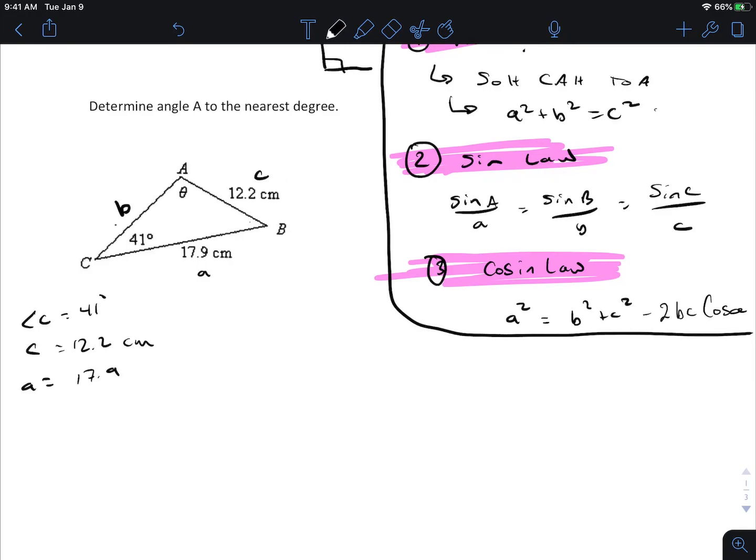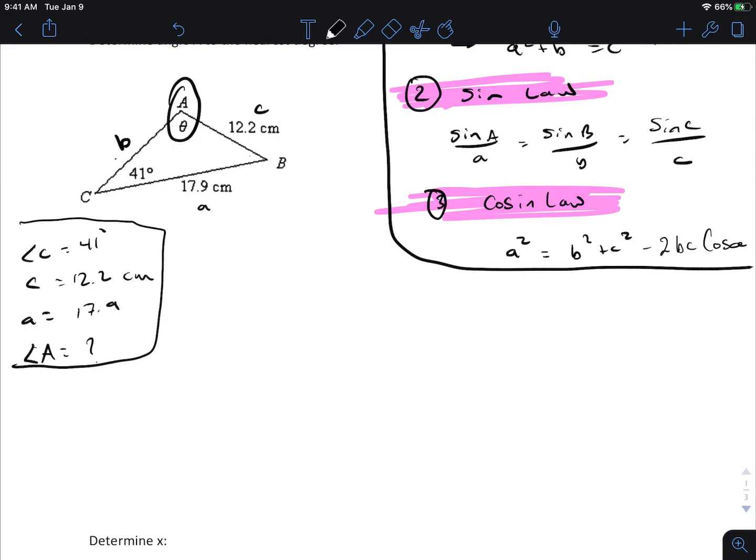But the question is asking me to figure out what this angle is, obviously. So I want to know what angle A is. I have something in my tool belt that allows me to solve for angle A.